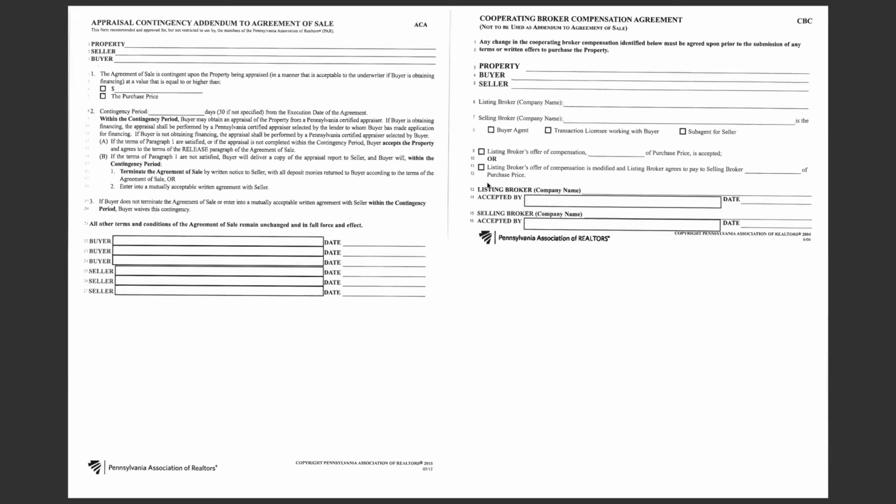I will say this to you, in representing a buyer in a very competitive offer, you may choose not to use the appraisal contingency, but in paragraph 8 of the agreement of sale, the loan to value ratio percentage is a safety net for your buyer, that they would not be purchasing something greater than the appraised value, if you have not chosen to use an appraisal contingency addendum.